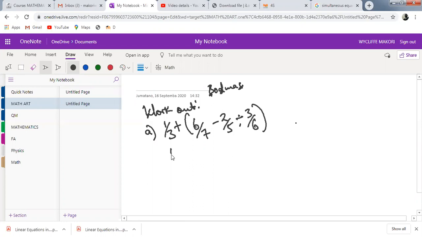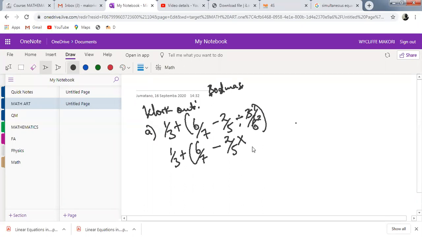Therefore, we are going to have 1/3 plus, in bracket, 6/7 minus 2/5. From what we know about division of a fraction, we can change this sign to multiplication, but now we use the reciprocal of this. We can simplify 3/6 to be actually a half.